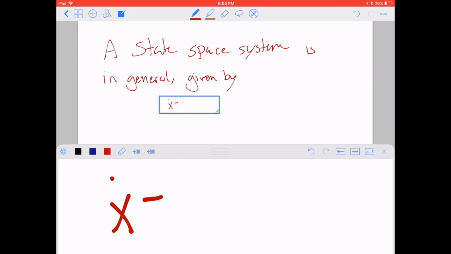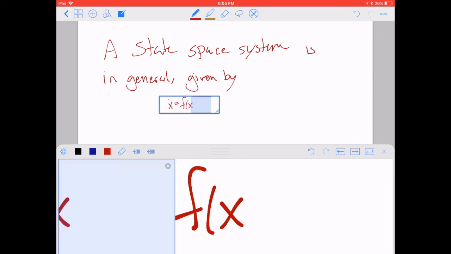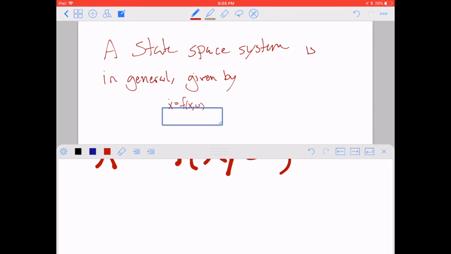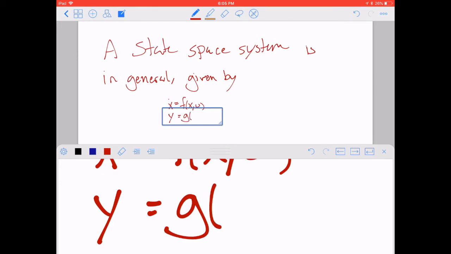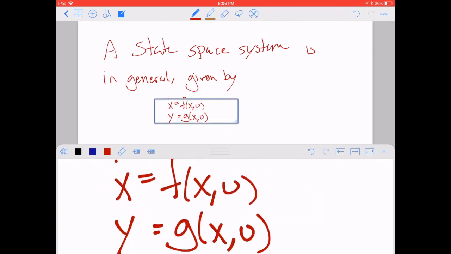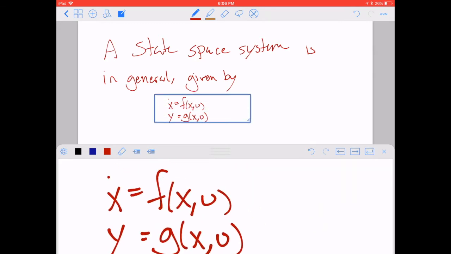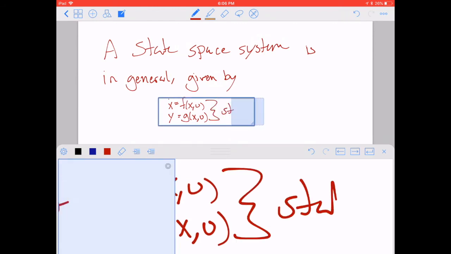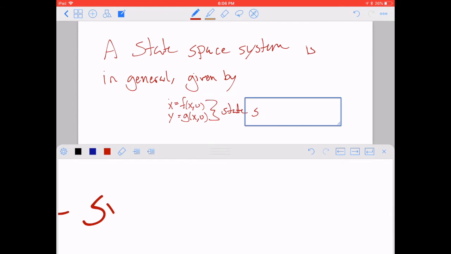X dot is equal to some function f of x and u. This is in continuous time. And the output y is equal to some function g of x and u. So these two things coupled are the state space equations.